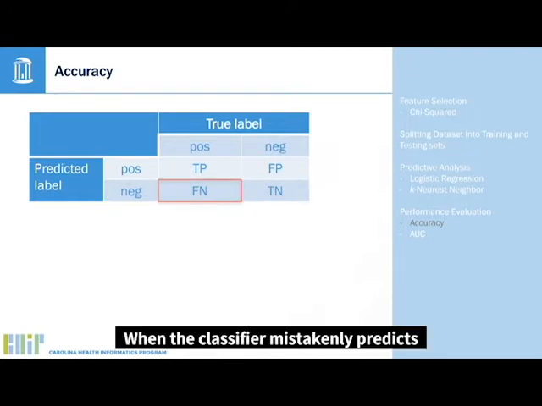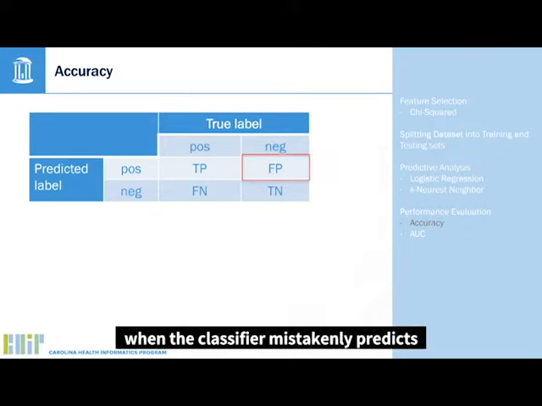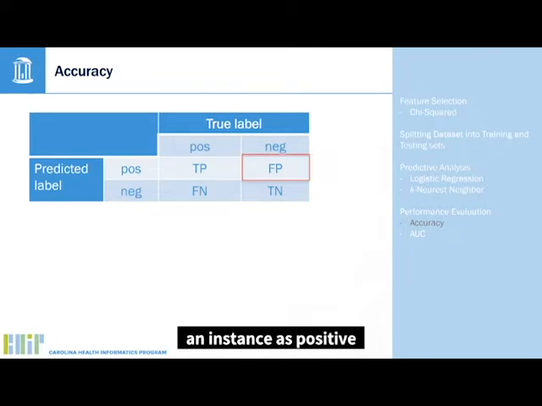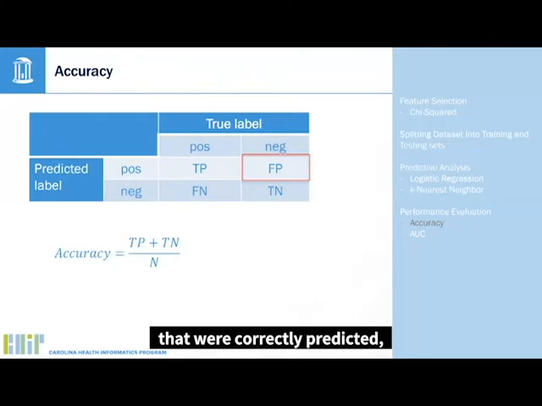When the classifier mistakenly predicts an instance as negative when it was in fact positive, it is a false negative. And it is a false positive when the classifier mistakenly predicts an instance as positive when it actually was negative. Accuracy measures the proportion of instances that were correctly predicted, as shown in this equation.